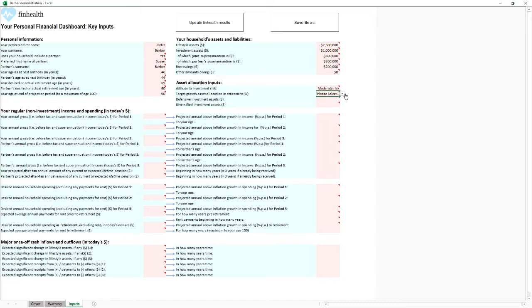Choosing moderate risk gives Peter a selection of 4 target growth asset allocation ratios: 40%, 50%, 60%, and 70%, from which he chooses 60%.